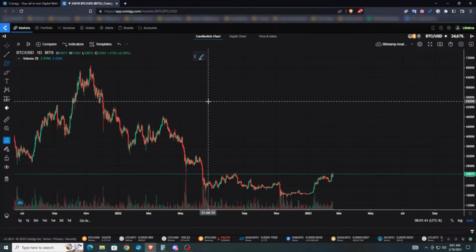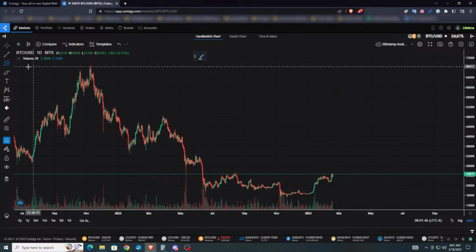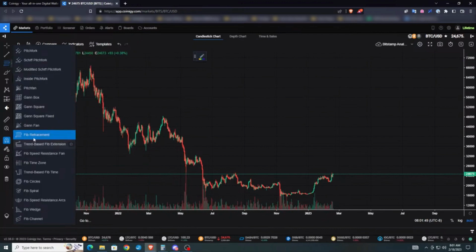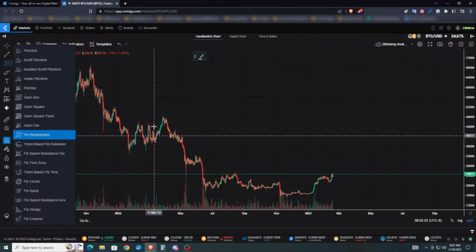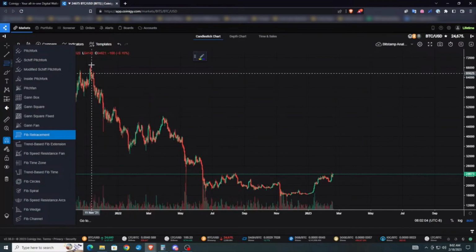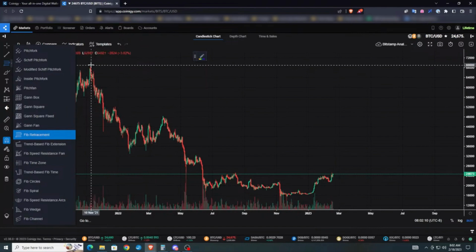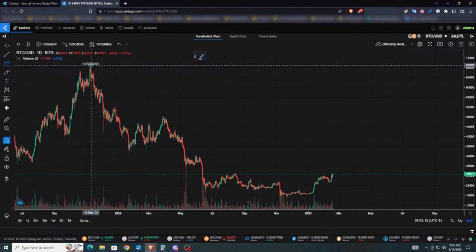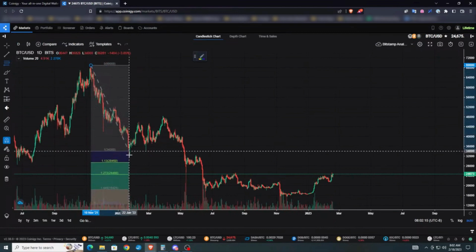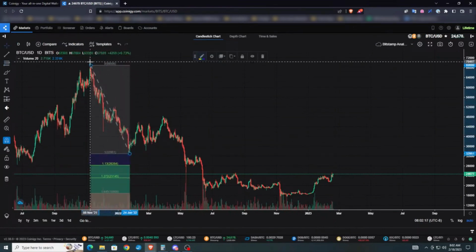In this particular study, we use the extension study. So we're going to change the name of the labels from retracement levels to extension levels. We're going to draw, in this particular case, from this high down to this low, an initial move.